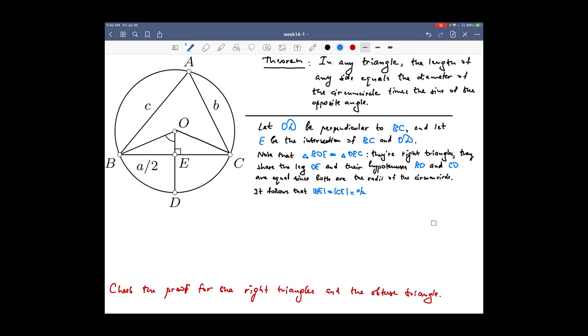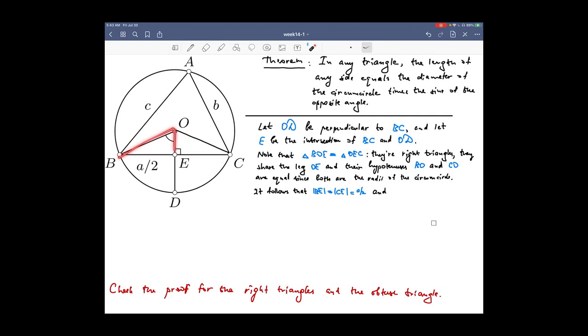And also something else is interesting. We have that angle BOD equals angle EOC, as angles lying opposite equal sides in equal triangles.